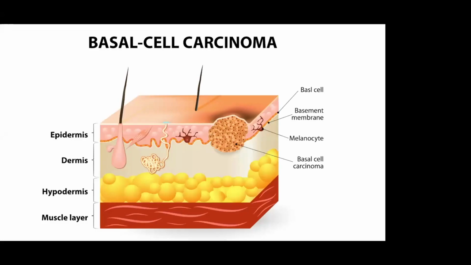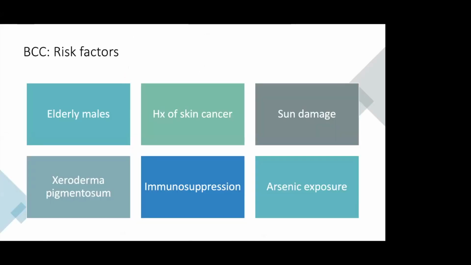Typically, however, it's UV radiation that triggers DNA mutation within tumour suppressor genes, resulting in the development of these tumours, as I say, which develops in the basal layer of the epidermis, the upper layer of the skin. Here you just see a picture of the basal cell carcinoma again in this uppermost section of the skin.